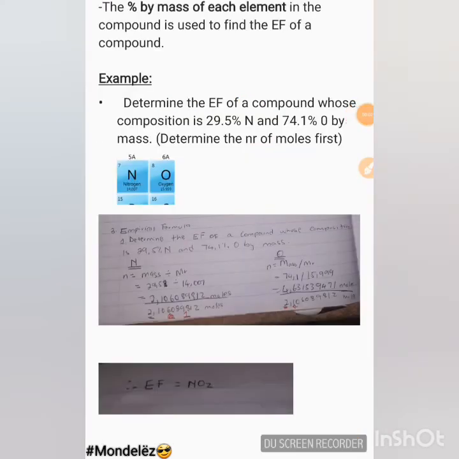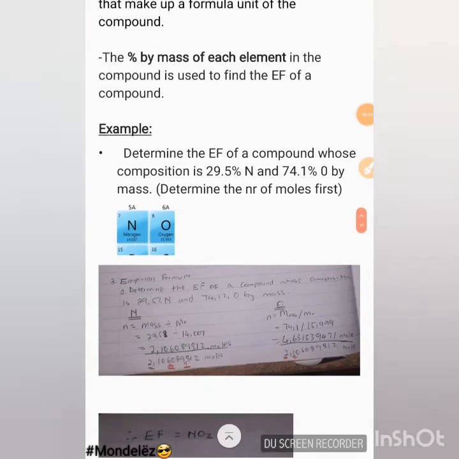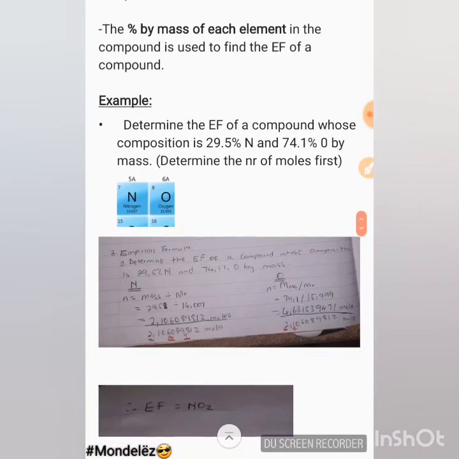Like I was saying, the mass here, it says whose composition is 29.5% and 74.1% by mass. Okay, so therefore you can convert that to your grams. Okay, right.